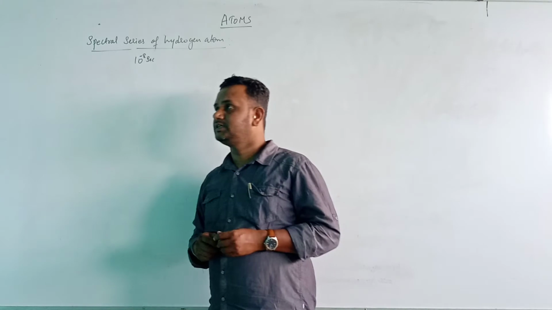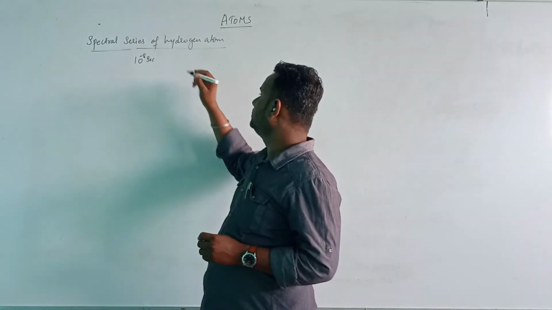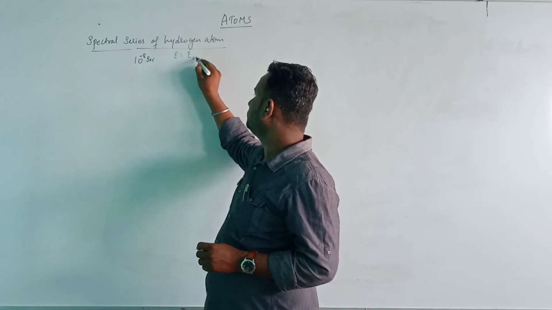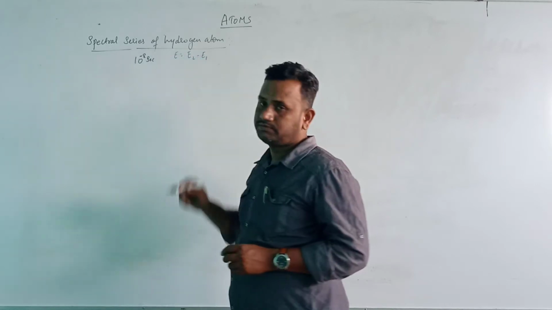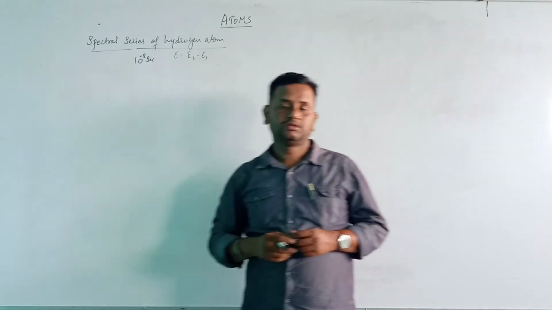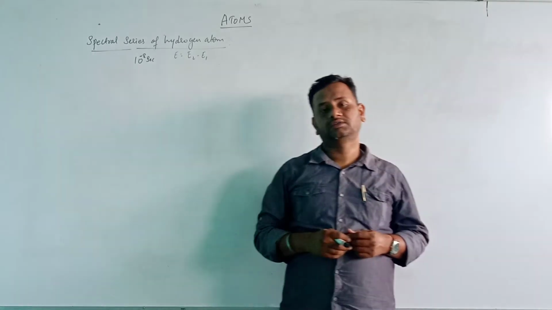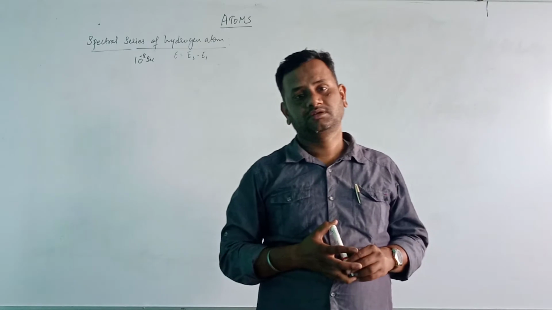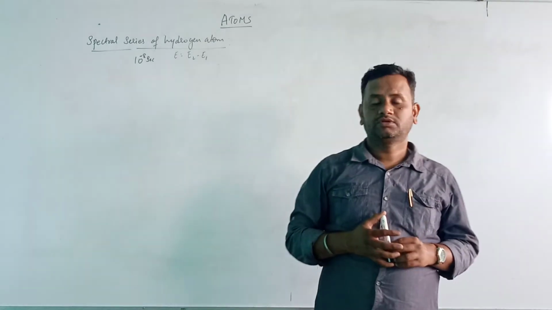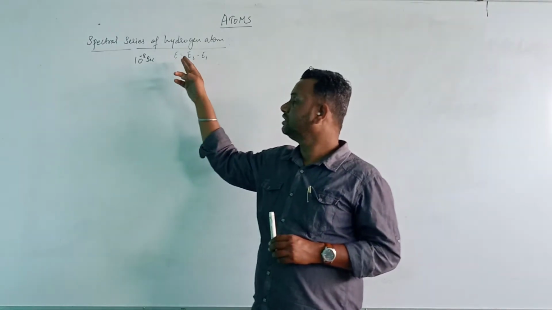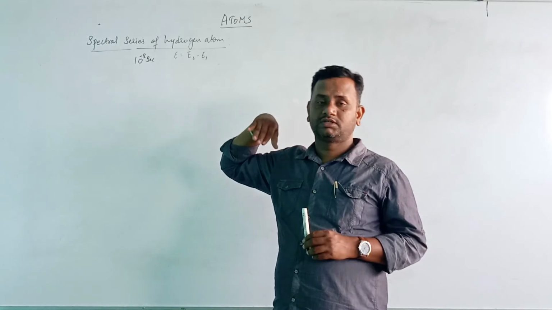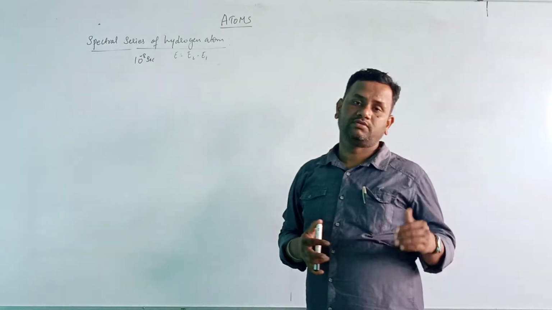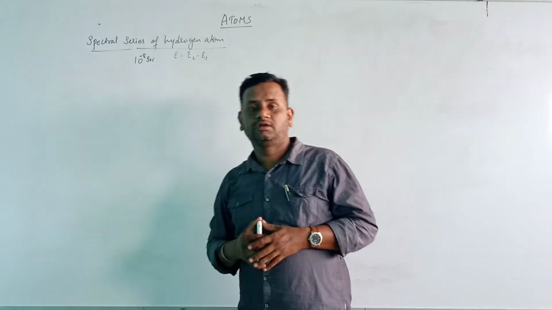The emitted radiation has energy given by E is equal to E2 minus E1, where E1 and E2 are the energies of the first orbit and the second orbit. Their difference gives the energy which is emitted during the transition of an electron from higher orbit to the lower orbit.